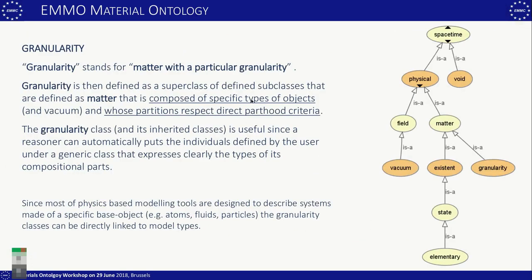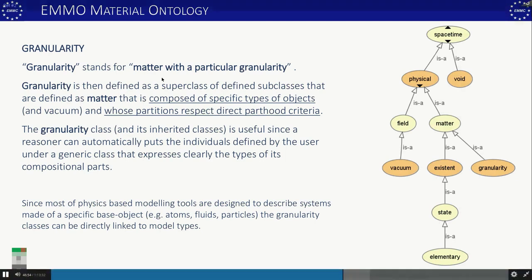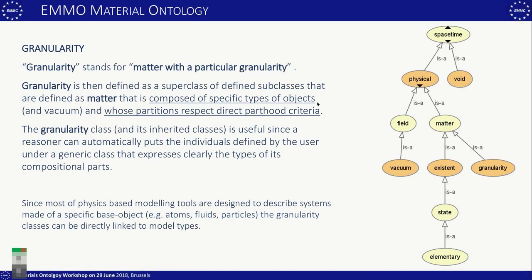Let's go to granularity. Granularity is a particular class in which we collect the matter that is made of particular direct sub-components. It is matter composed of a specific type of object.